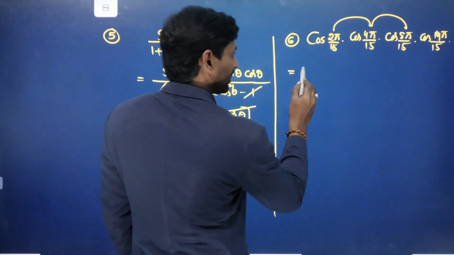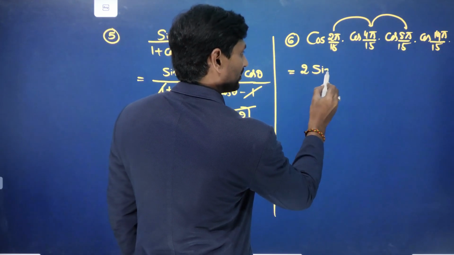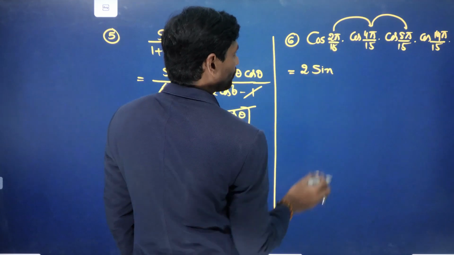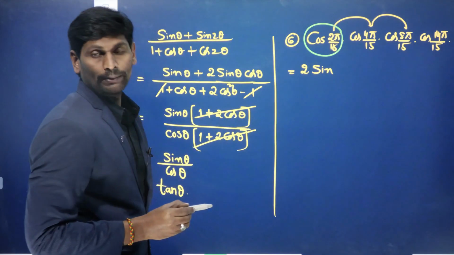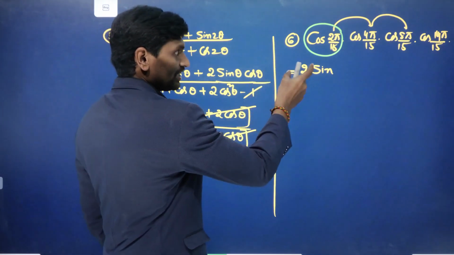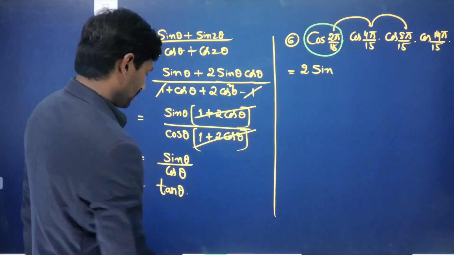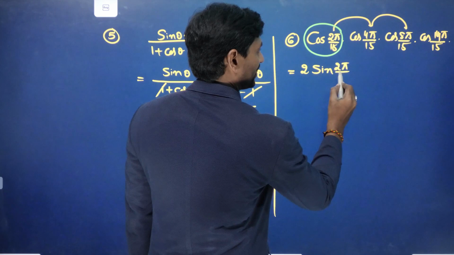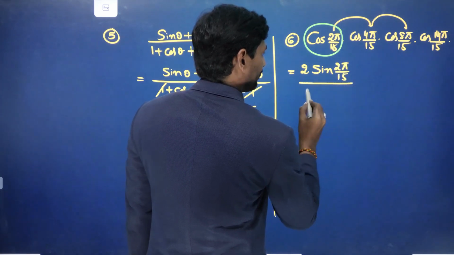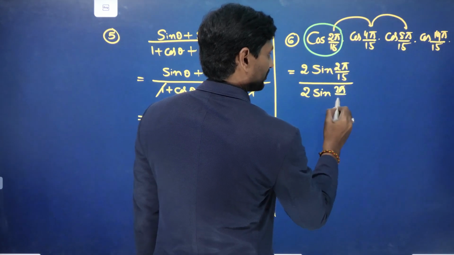Same formula applying here, I am just multiplying by 2 sin. What is the first term? Cos 2 pi by 15. Now I am just multiplying this term with sin 2 pi by 15. So I simply multiply and divide this entire term by 2 sin 2 pi by 15.